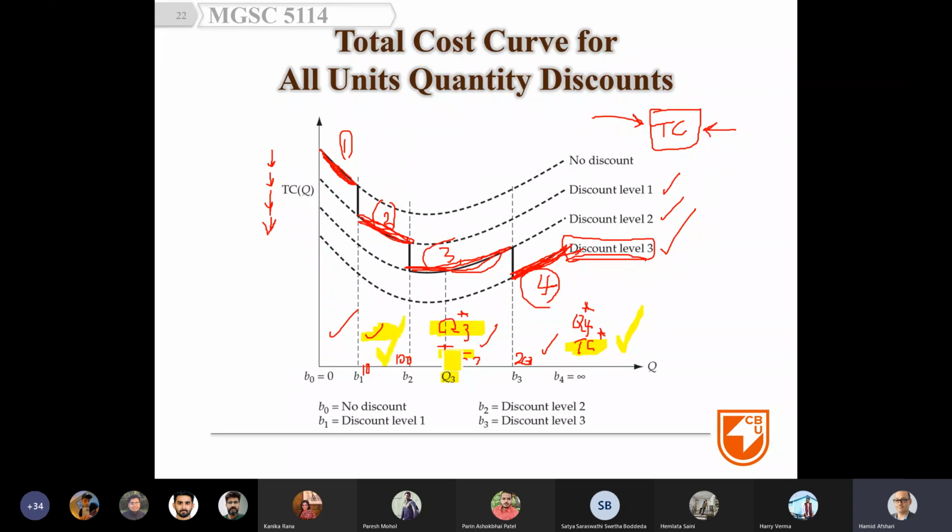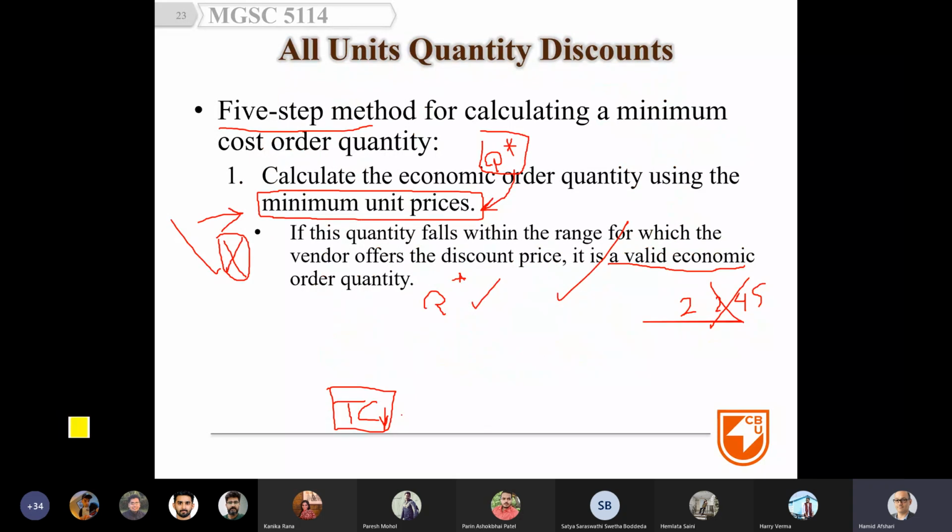So everything after this, if not valid, will be decided by total cost. Total cost will decide which range will be selected. If you have not understood yet, which I believe many of you haven't, I will solve one example. That example will clarify all of your doubts. So don't worry about that.